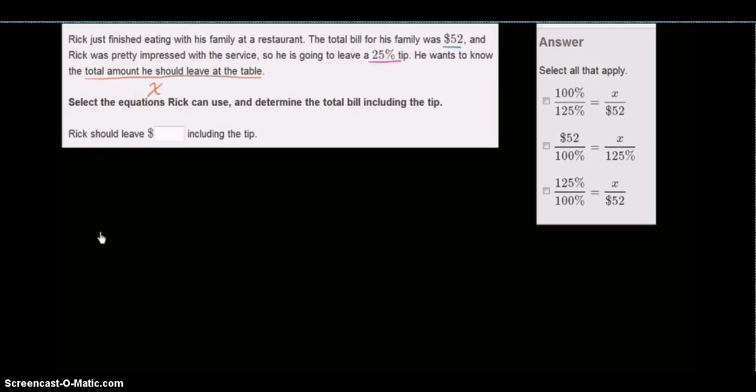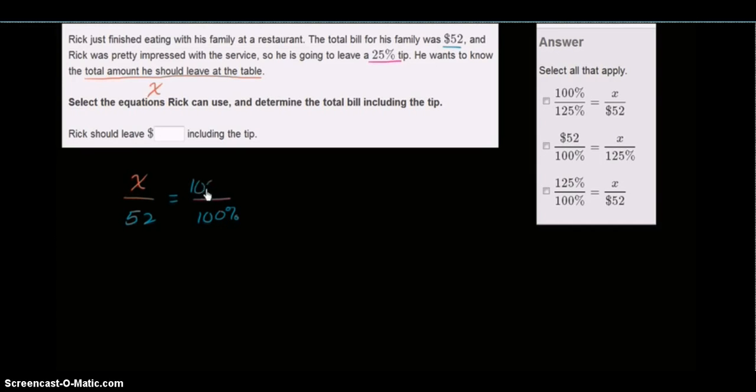Now there's a couple of ways we could think about it. We could think about it as the ratio between the total amount he's going to pay and the actual bill. That should be the same thing as the ratio between the respective percentages. So you could view the actual amount of the bill as being 100%. But he doesn't want to just pay 100%.